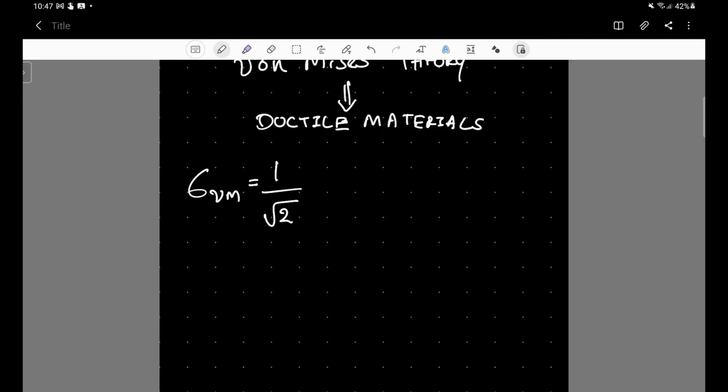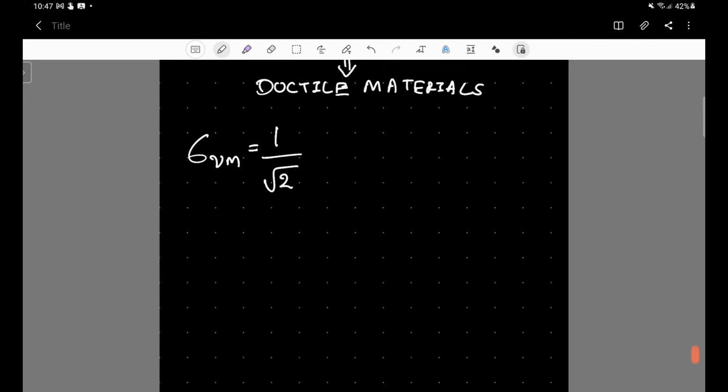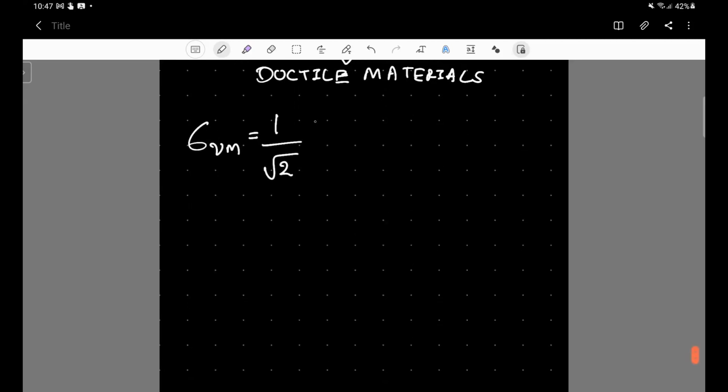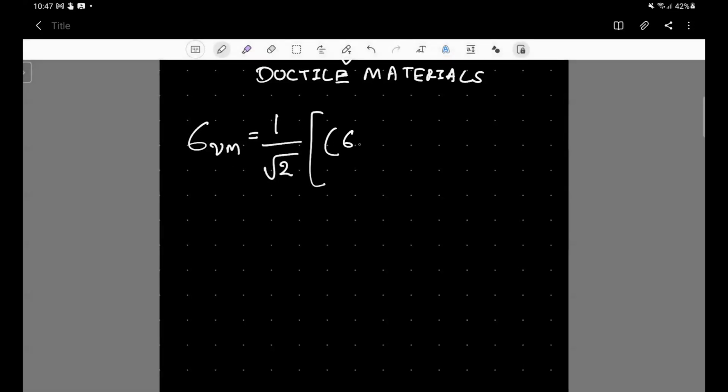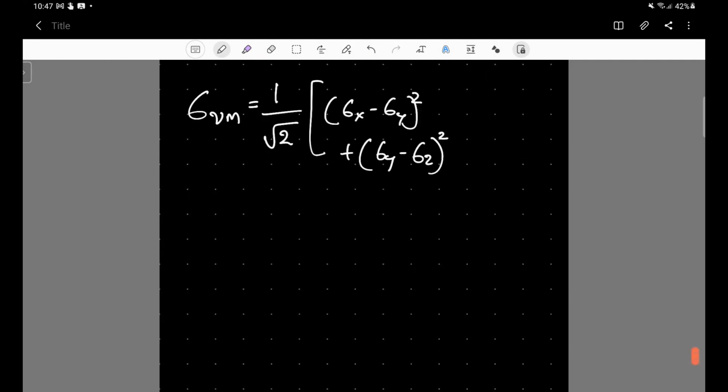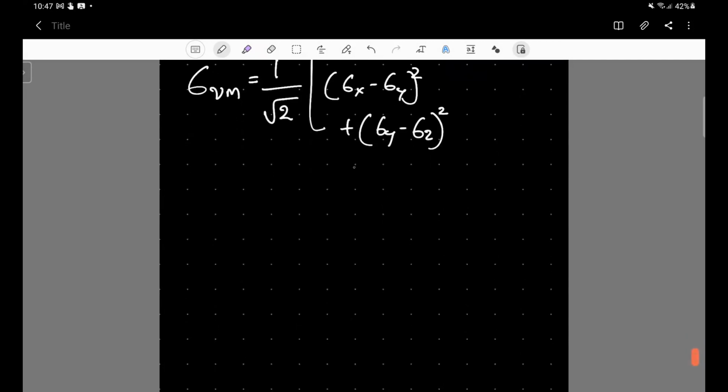Or if we talk in terms of, let's say, X, Y, and Z stress components, we can write it down using the X, Y, and Z stress components. Of course, since we are dealing with constant strain triangular elements, the normal stresses applied in that direction are negligible.